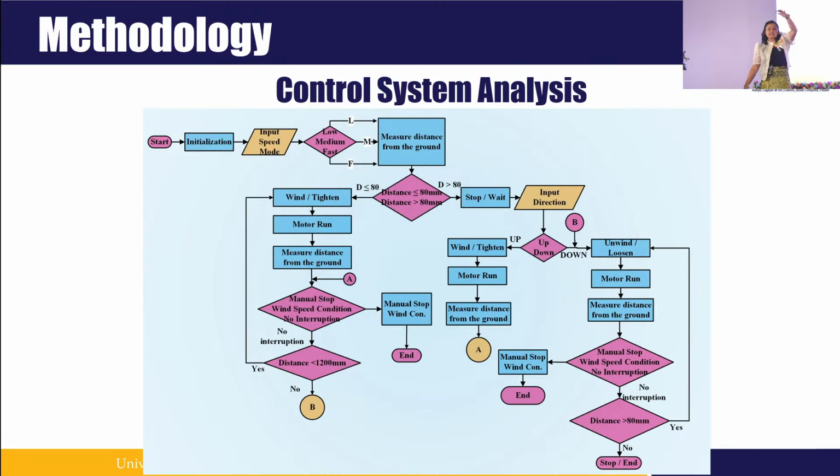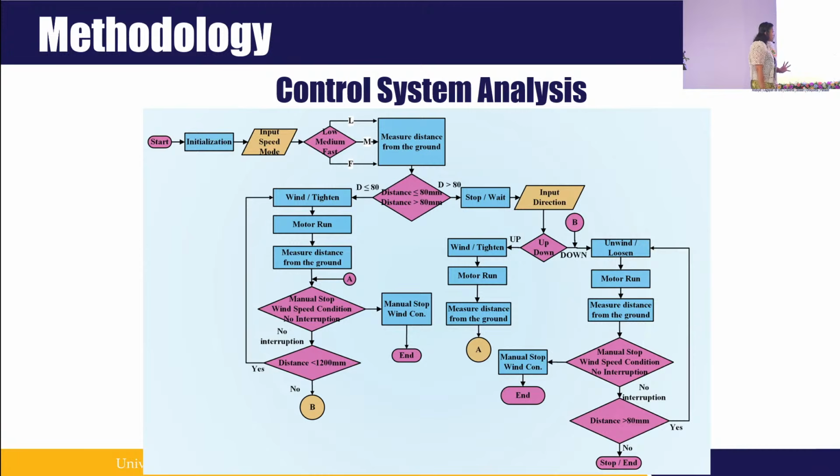Once your robot is on the top part of your tower and recognizes it has gone beyond 1,200, it will loosen its cable, the adhesion part. And then the motor will run, going downwards. And again, you can do a manual stop.